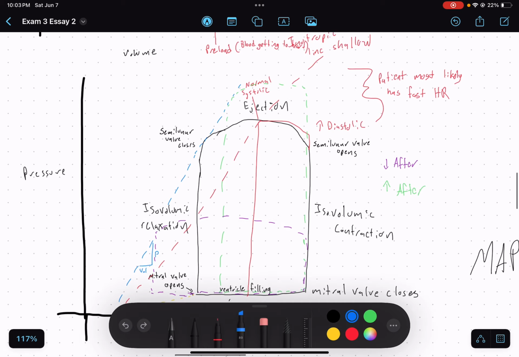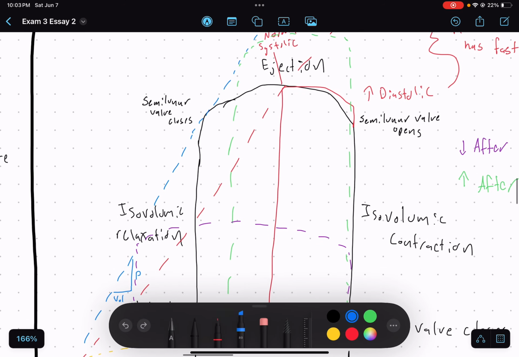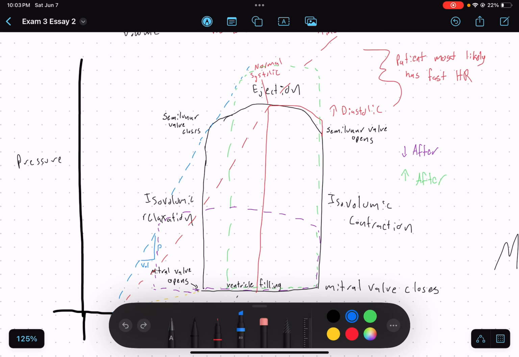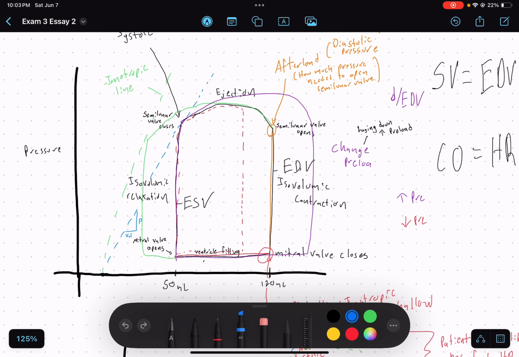And then if we increase or decrease our afterload, it will also affect the volume, but it'll mainly affect the pressure, as we see here. As you see with preload, if you're changing it, the pressure isn't changing much.